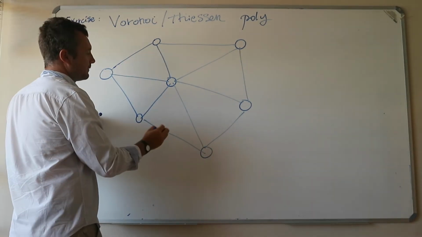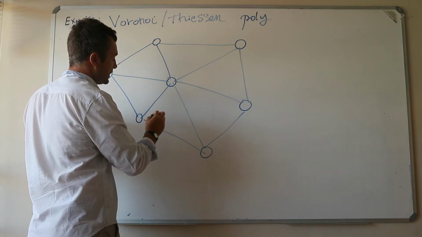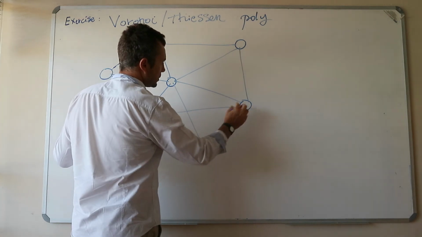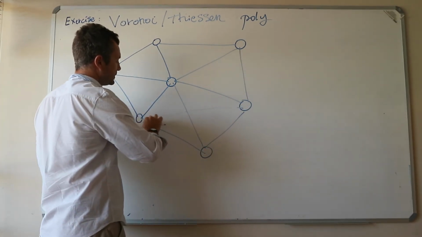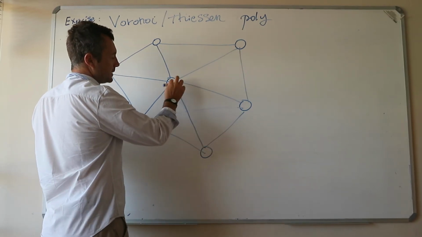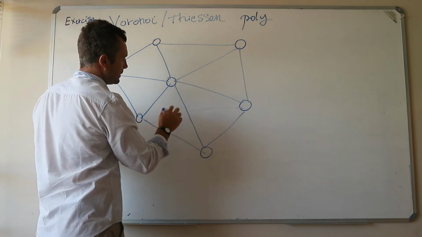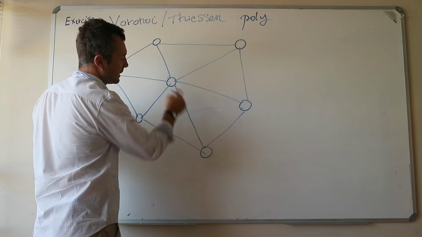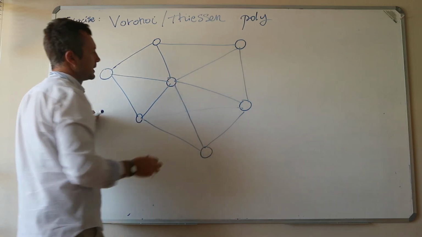So if we have to decide, the first rule is the links cannot cross each other, they cannot intersect. So which is the priority? The priority is always to draw the link which is closest, smallest in length. So between these two, we have to decide on one of them, and the decision will be based on the length of those links.